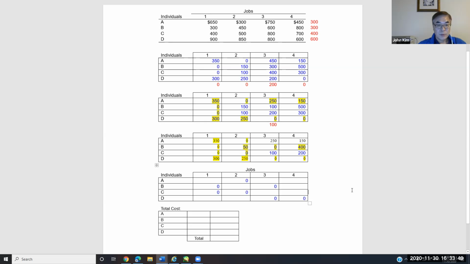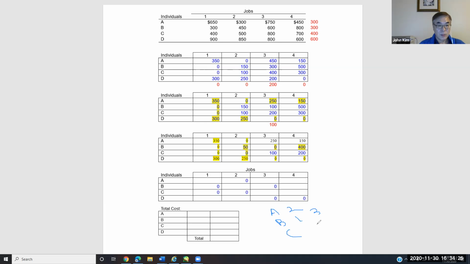So to assign, where 0 is, first I will use a pen. Individual A has 0 on job 2, this one. Then B on 1 and 3.